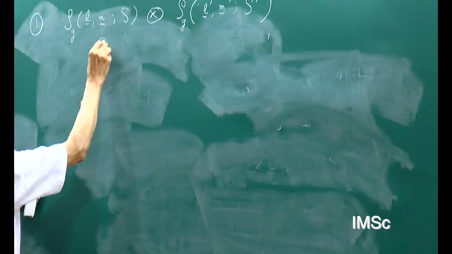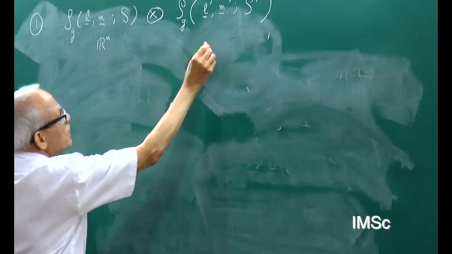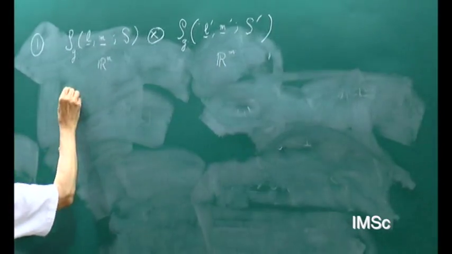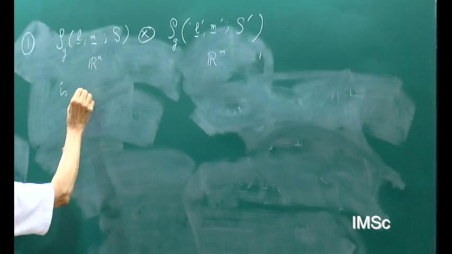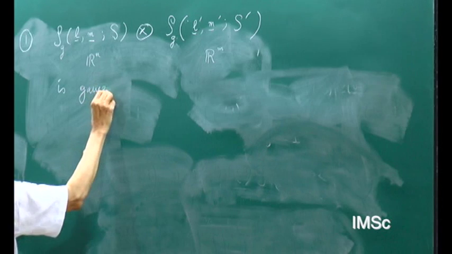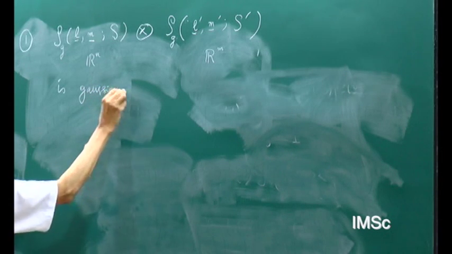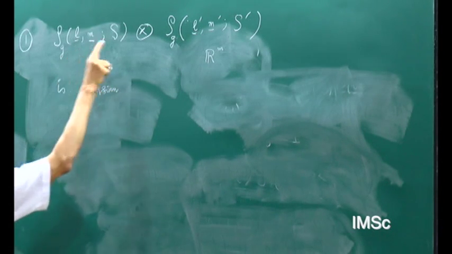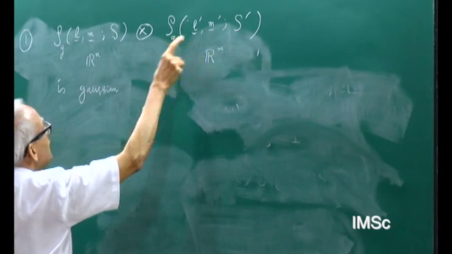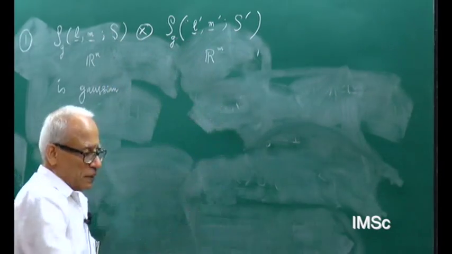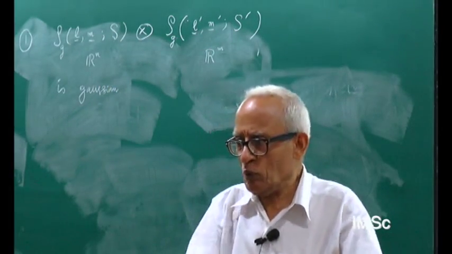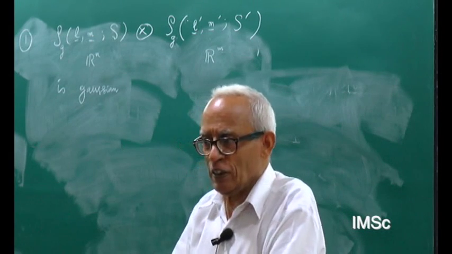The mean vector will be L direct sum L', M direct sum M', but S direct sum S' you must arrange, because all the P's I am putting in one bunch and all the Q's in another bunch.